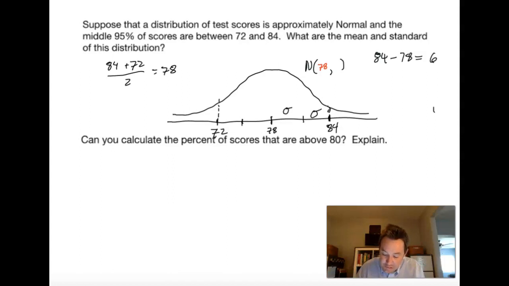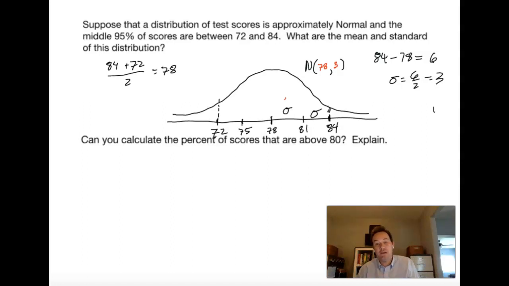And then since that's 2 standard deviations, I'll divide it by 2, and sigma equals 3. So it's normal with a mean of 78 and a standard deviation of 3. And you could fill in the in-between if you like, right? This will be 81. This will be 75.